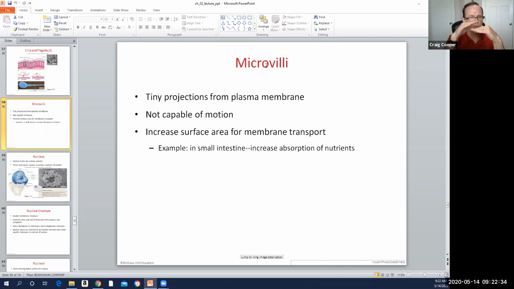If that was just a smooth, flat surface, we don't have as much ability to let stuff get in. The fact that we have all these little dips and crevices between those microvilli gives us a better chance to let that protein molecule stick to an enzyme that can break it apart and open the passageway to let us absorb that thing into our bodies. So those are really critical for helping absorption and increasing surface area.